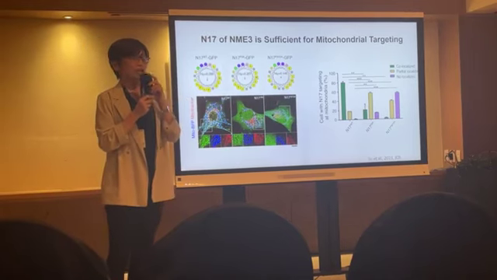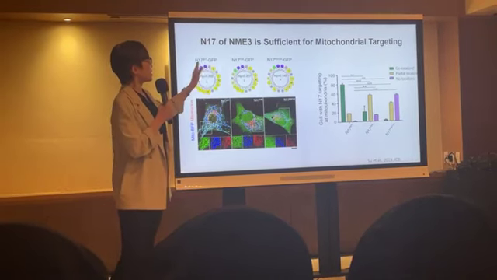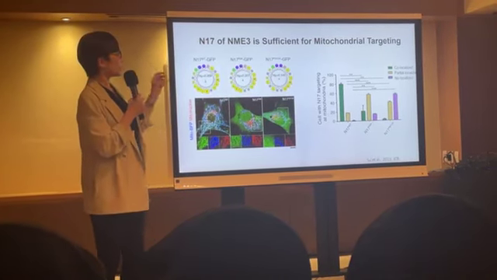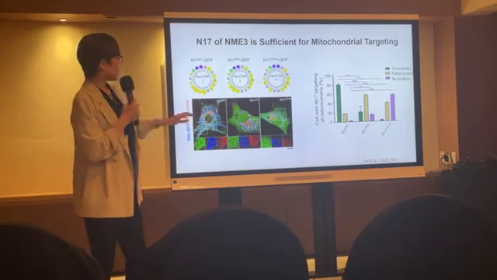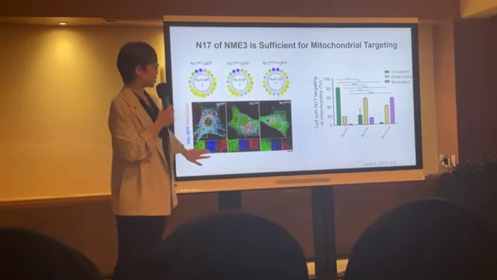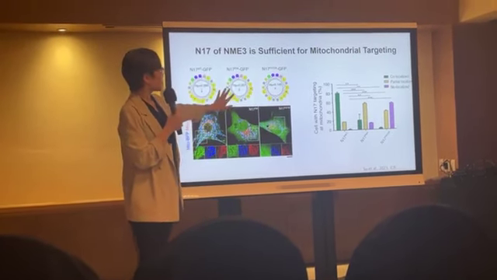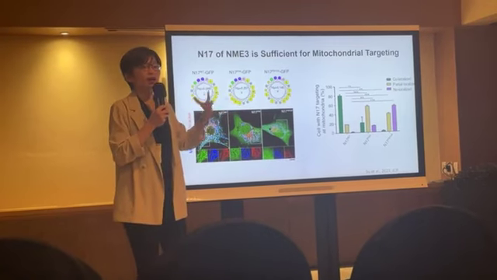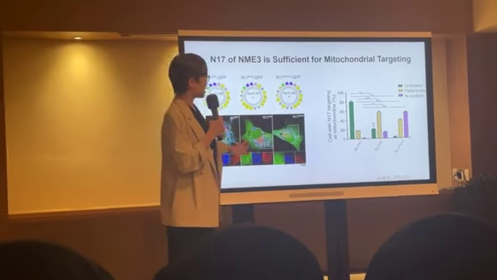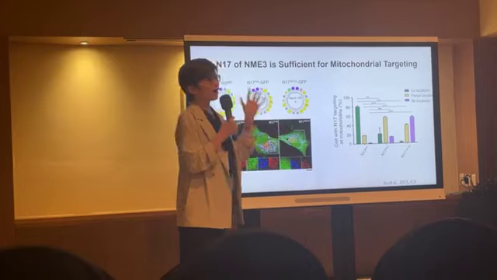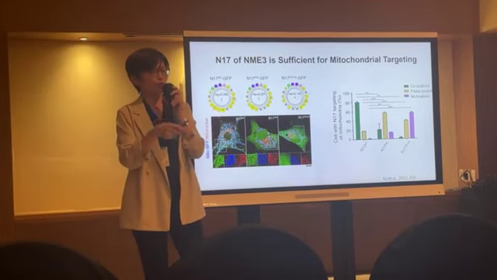And this is actually the case. When we express simply the N17 amino acids of NMD3 fused with GFP, they efficiently target to mitochondria in the cell. With mutations that disrupt the amphipathic helix formation ability, we see a very dramatic reduction in the ability to target mitochondria.